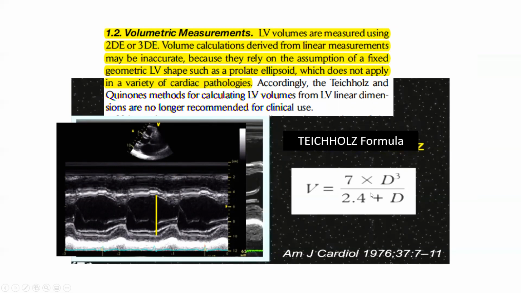The Teichholz formula, which was popularized in the late 70s, corrects for the fact that as the left ventricular dimension becomes larger and larger, think about dilated cardiomyopathy, this D cubed method no longer applies and a correction factor has to be introduced.